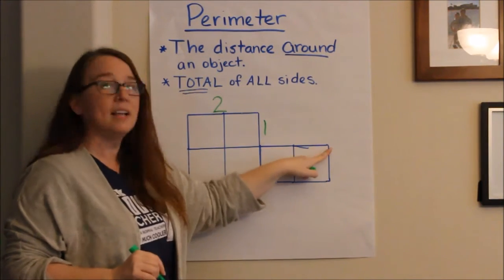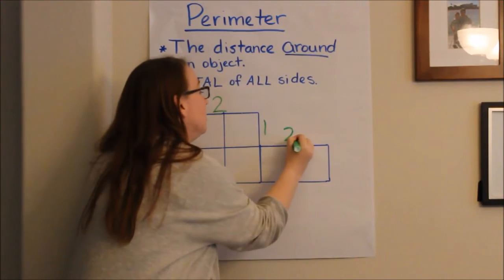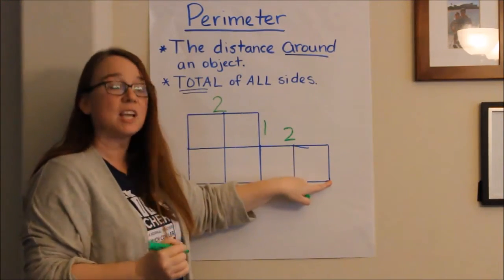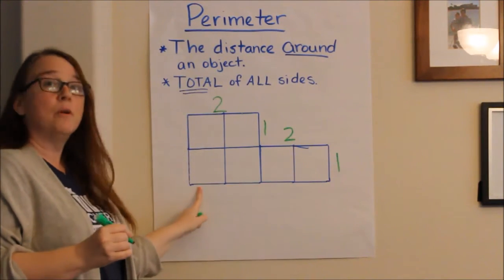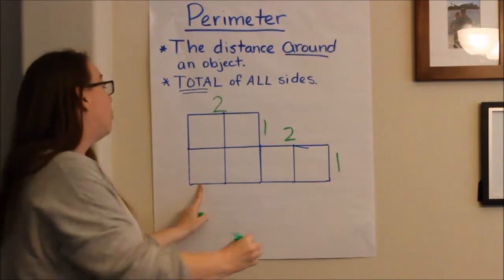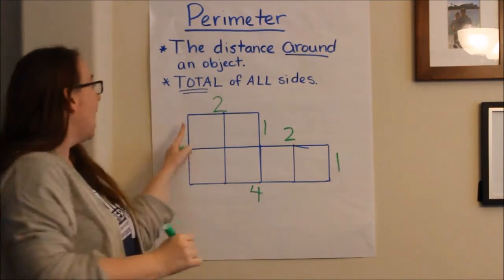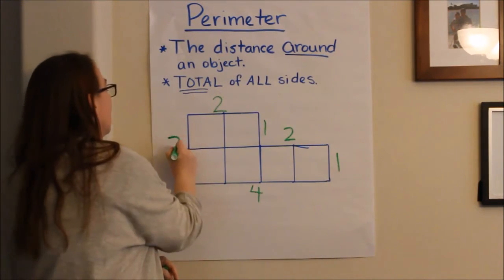On this side, how long is this side? It is 2 units long. Since this is on the outside of the object, this is 1 unit. On the bottom, we have 1, 2, 3, 4 units. And then on our final side, we have 2 units.